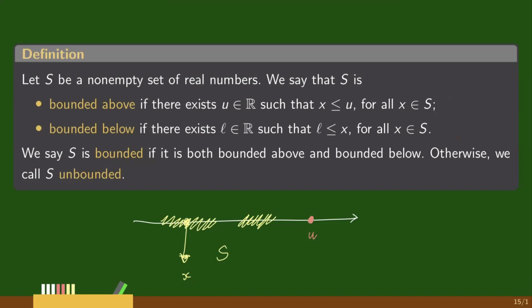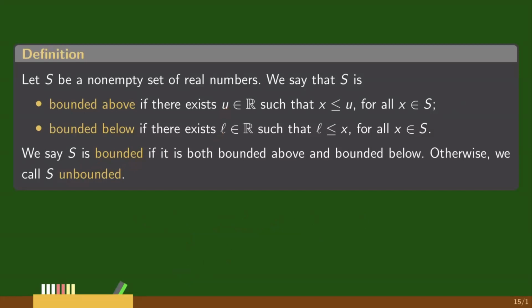Okay, so when do we use the word bounded for the set S? The set S is bounded if it is both bounded above and below. So meaning to say, you have a bound above, which is a U above, and an L below.